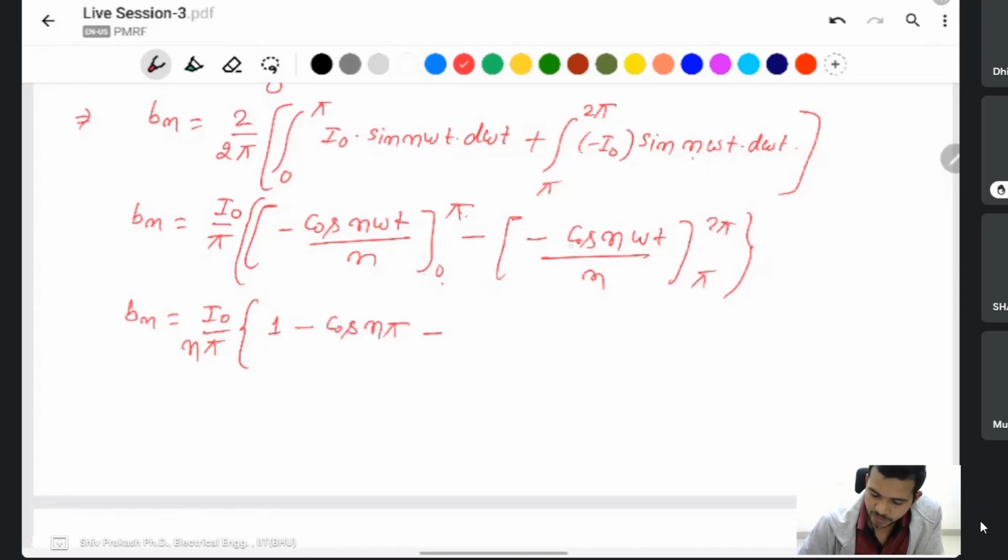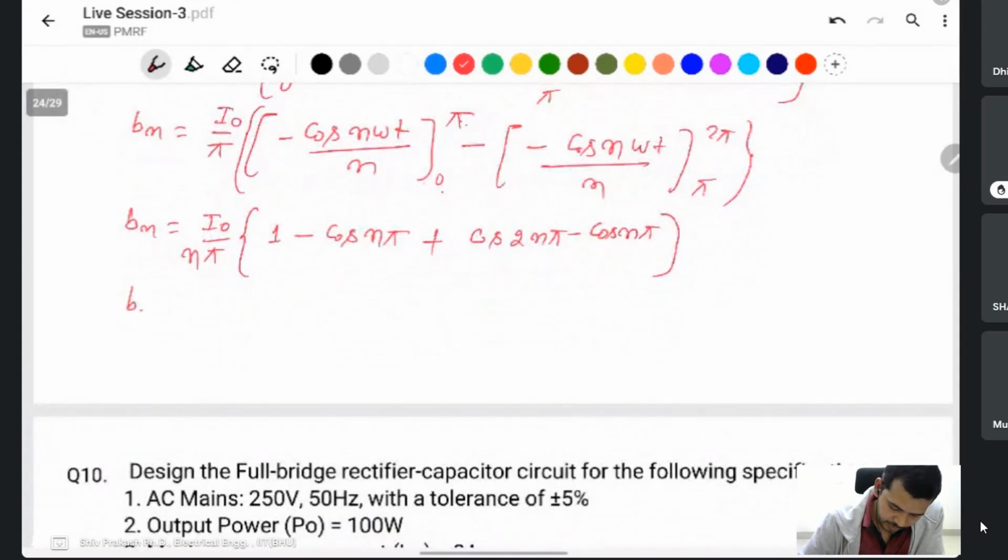So minus becomes positive, and you can say cos 2nπ minus cos nπ. That gives cos 2nπ minus 2 cos nπ.